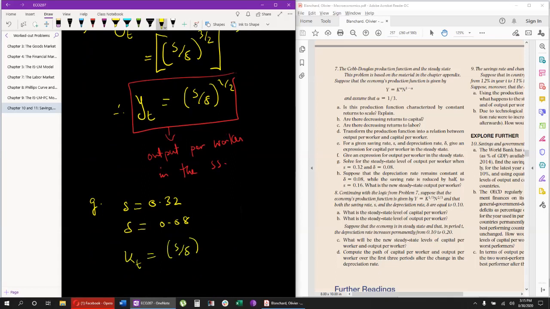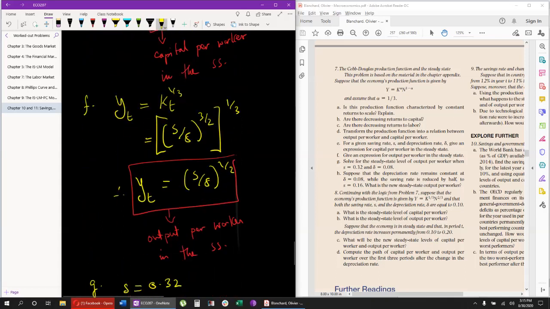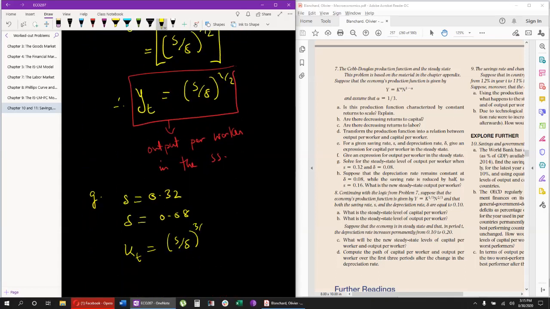It's (s by d) to the power 3/2, which will be equal to (0.32 divided by 0.08) to the power 3/2. That's it.